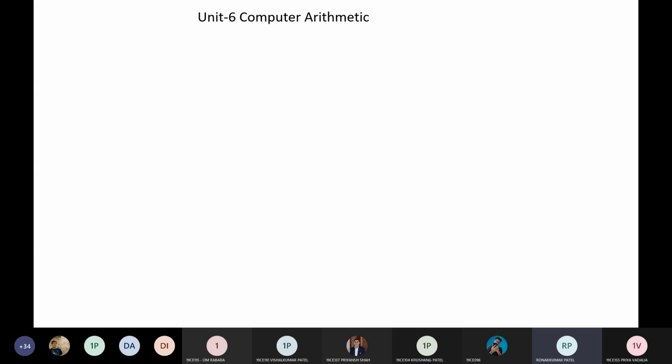So first we are going to study about number system. Why number system? Whatever you write, suppose I have written unit 6 computer arithmetic, the computer understands only numeric form.